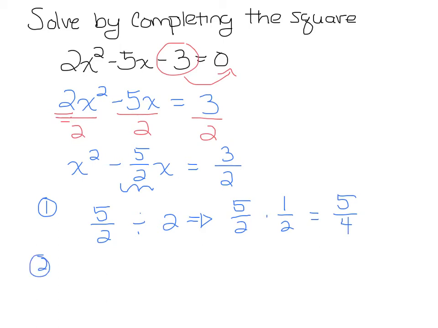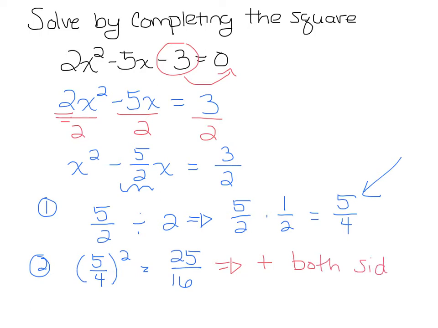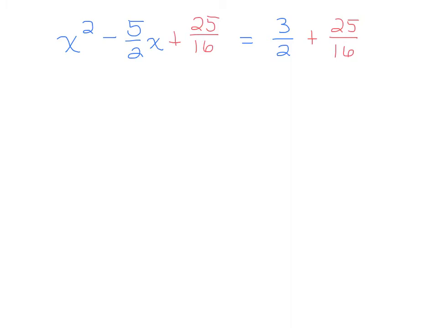Now square the number you found in the first step. This number is what you're going to add to both sides. Here I have shown that step.